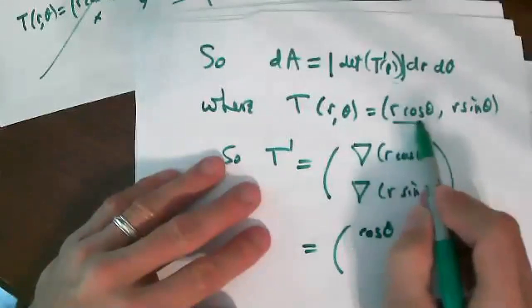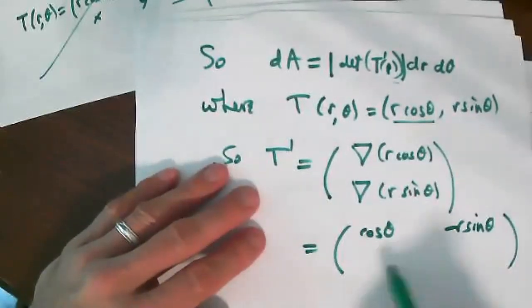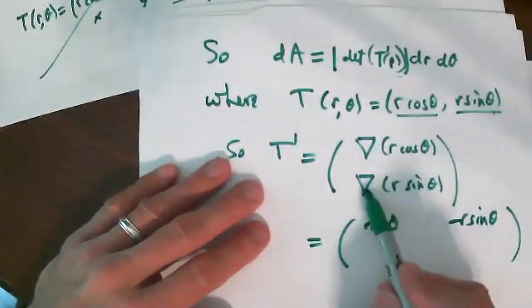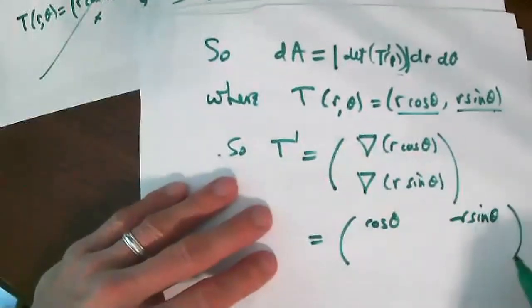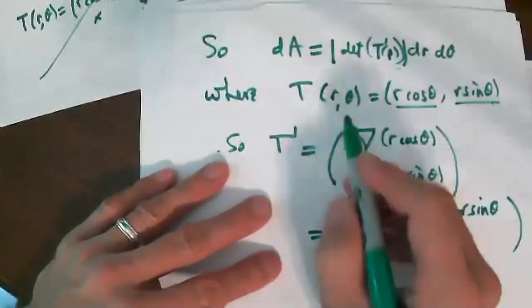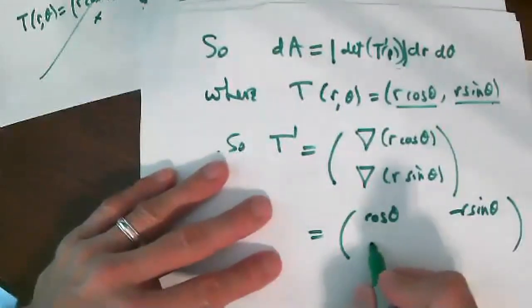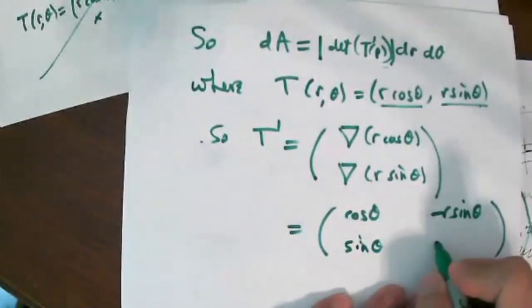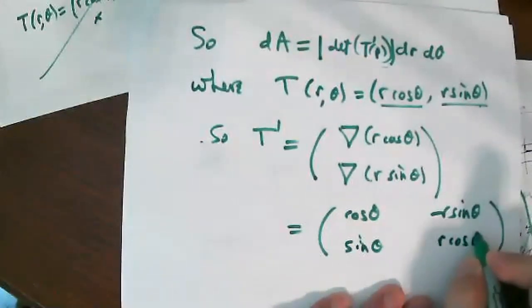That's the derivative of this function of two variables. In the bottom row, I'll have the derivative of this function of two variables, and by derivative, I mean the gradient, so the collection of all the partial derivatives. You have to differentiate in the same order as before, r and then theta. So the derivative with respect to r is the sine of theta, and the derivative with respect to theta will be r times the cosine of theta.